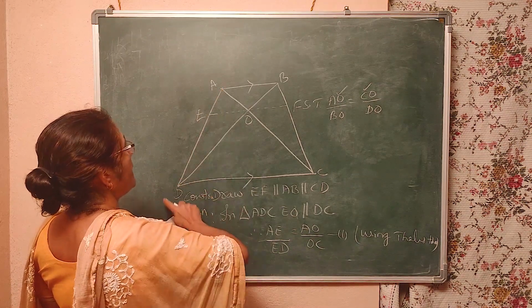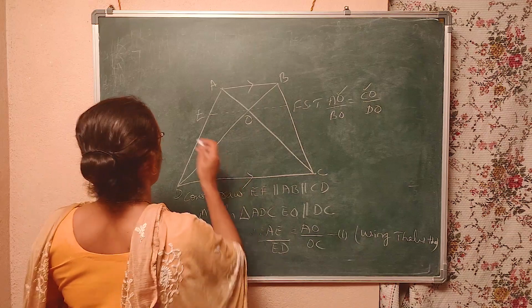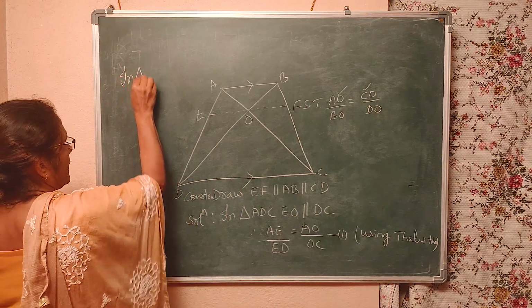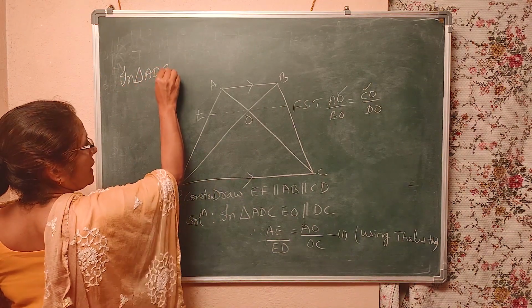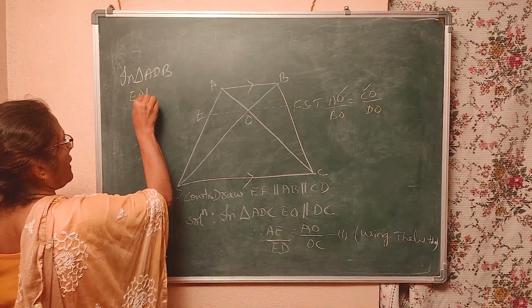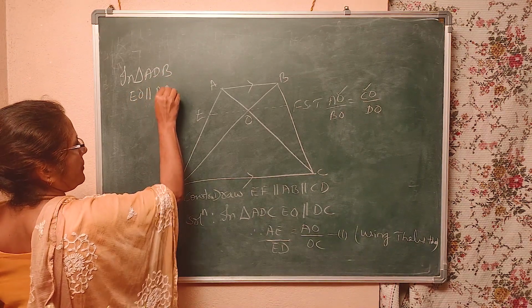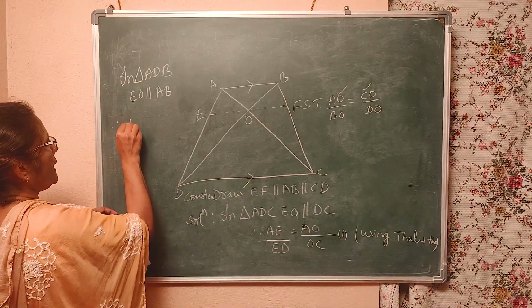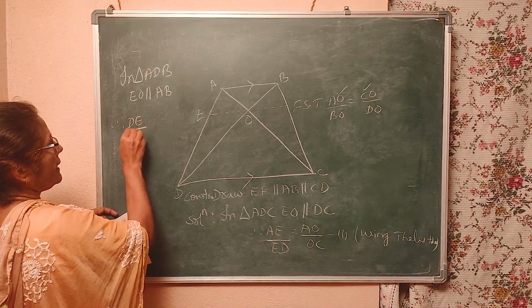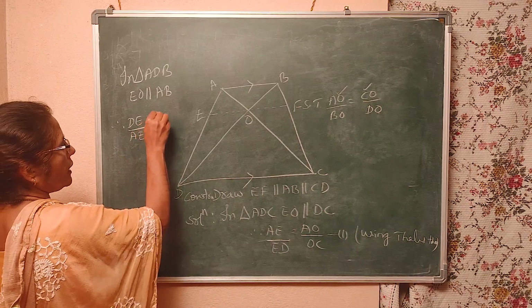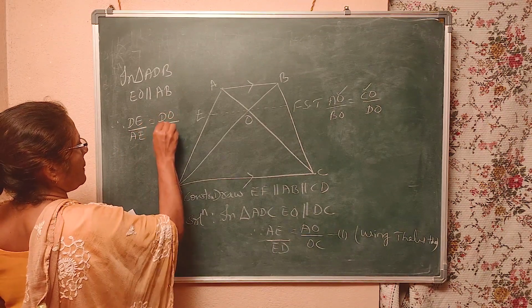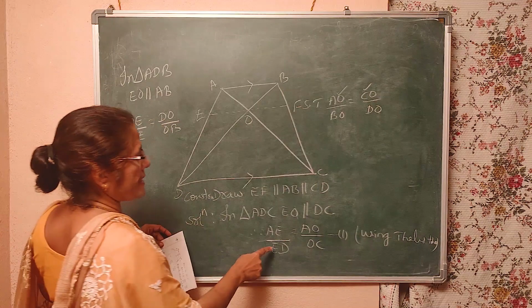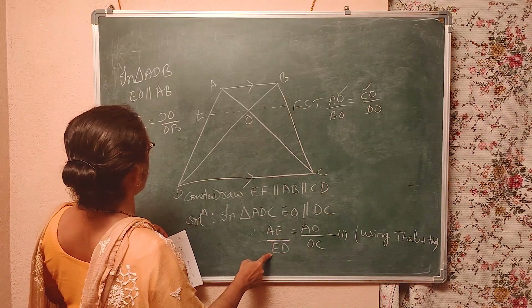In triangle ADB, EO is parallel to AB. So, start from the vertex. Therefore, DE by AE is equal to DO by OB. Now, look at this. DE by AE.